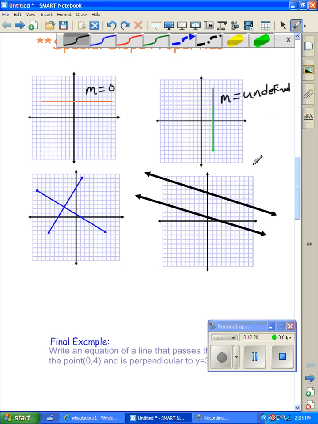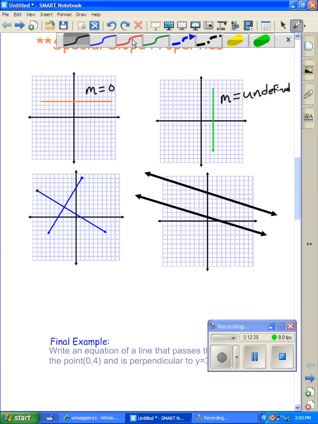Think about trying to walk up it. You can walk on a slope of 0. You cannot walk on a slope that's directly vertical. So it's undefined.